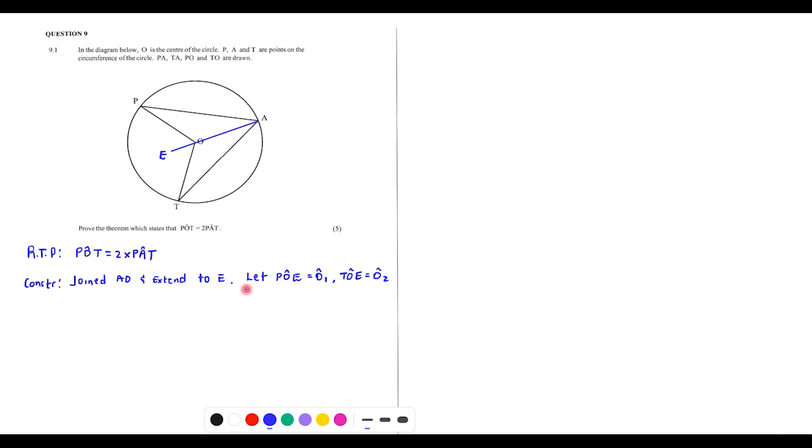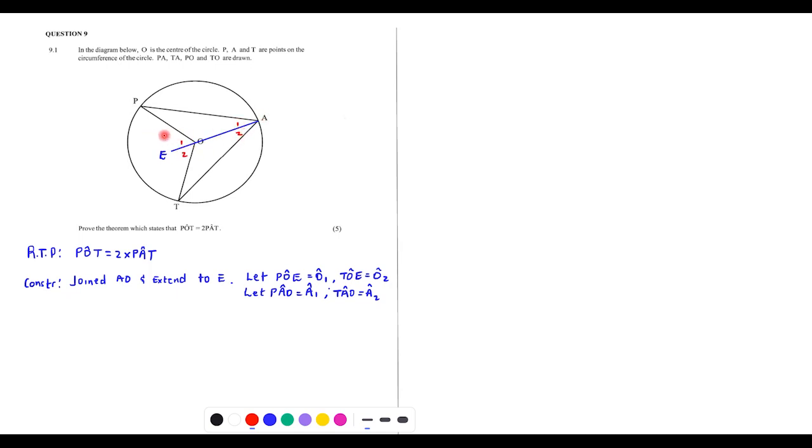Then we're also going to let PAO be A1, and TAO be A2. All right, now let's just fill in the information: O1, O2, A1, A2.